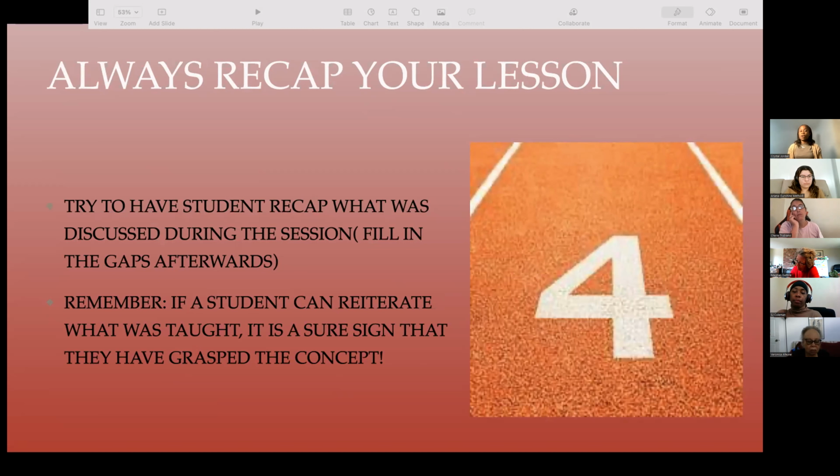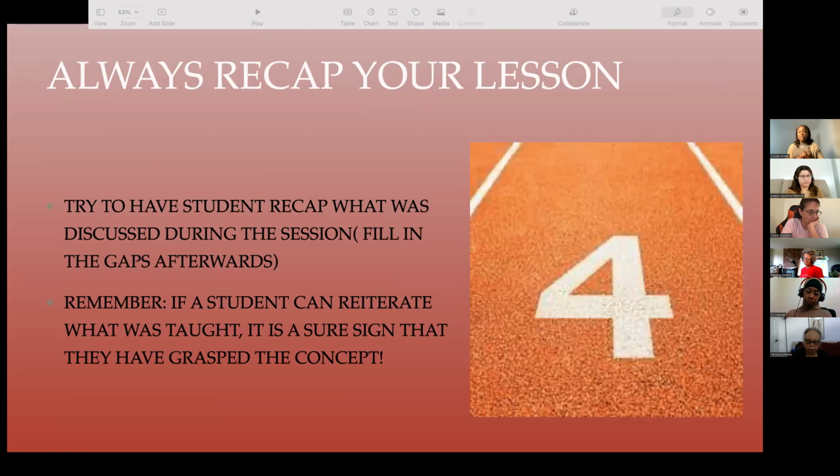Let's say you lesson plan 3 major parts of conflict and resolution that you're going to go over. At the end of the session, you ask them, hey, can you tell me 3 things that we discussed during this session? And they only get 1. Then you fill in the gap for the other 2 topics, and let the student know we'll continue to work on that. That's okay. We went over this, which you did great on.